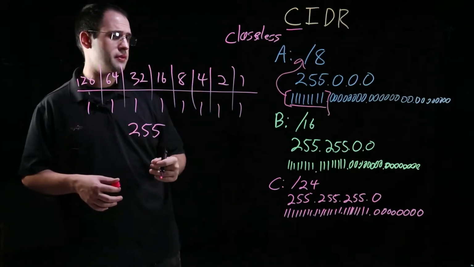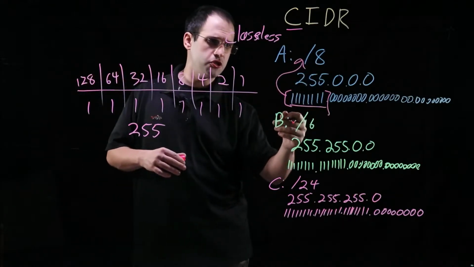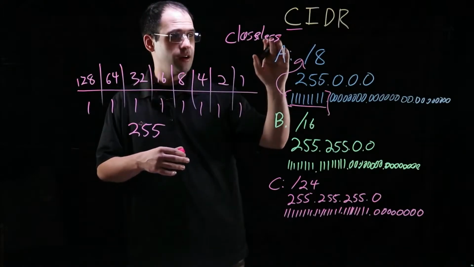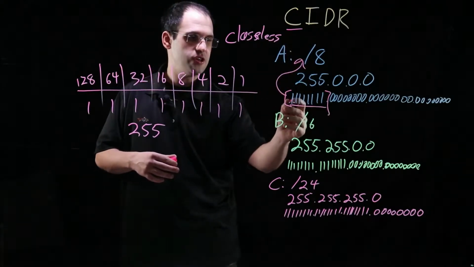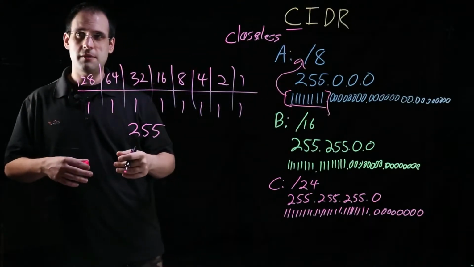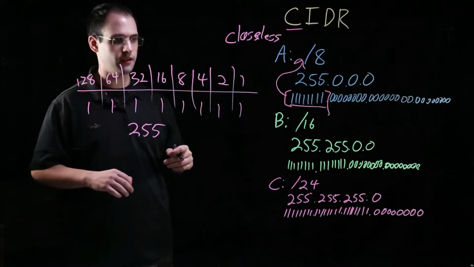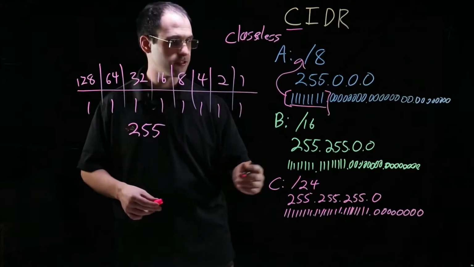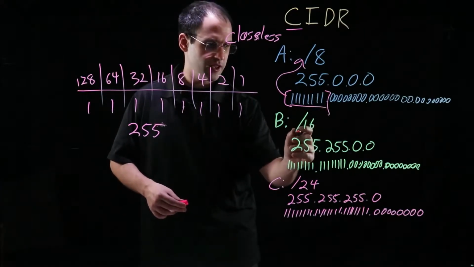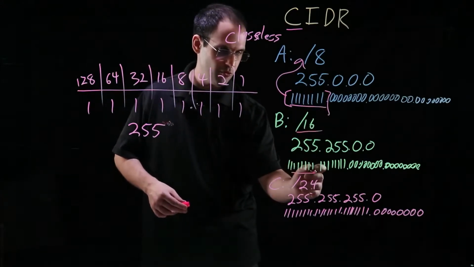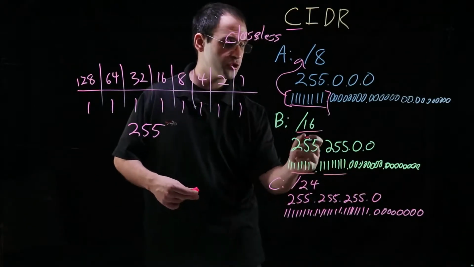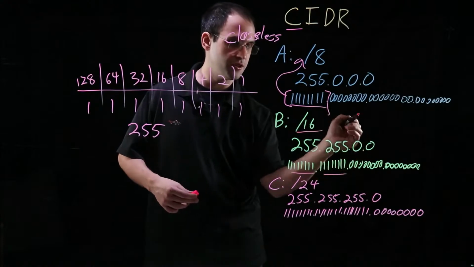This /8 represents the number of ones in our subnet mask, counting left to right. Quite simply, if we look at this class B address, a /16 is 8 ones, 8 more ones, which is 16 total, and then all zeros, or 255.255.0.0.